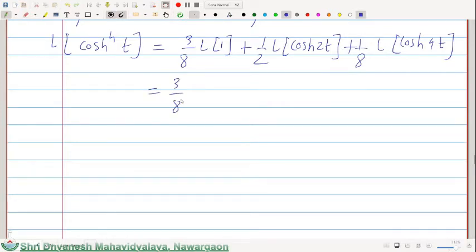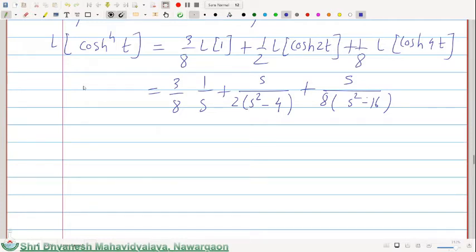So this equals 3 by 8 times the Laplace transform of 1, which is 1 by s, plus the Laplace transform of cosh 2t, which is s upon s square minus a square, that is 2 square, minus 4, plus the Laplace transform of cosh 4t, which will be s upon s square minus 4 square, that is 16.